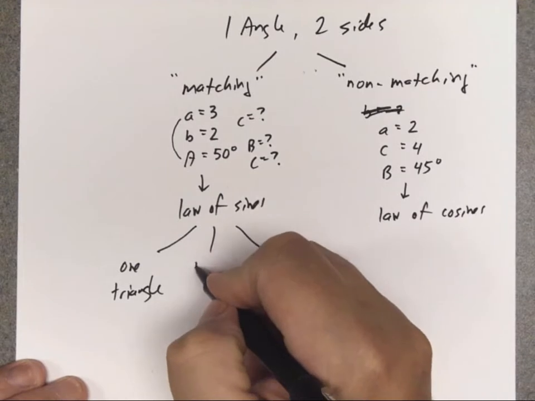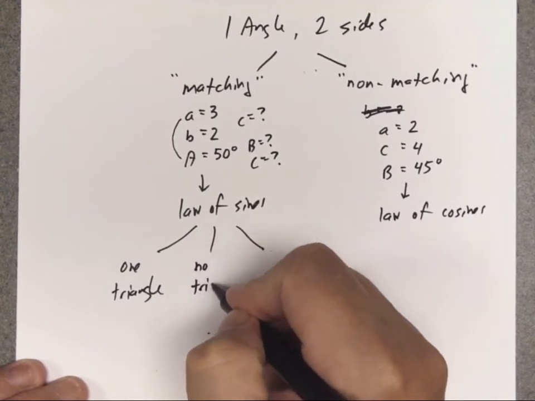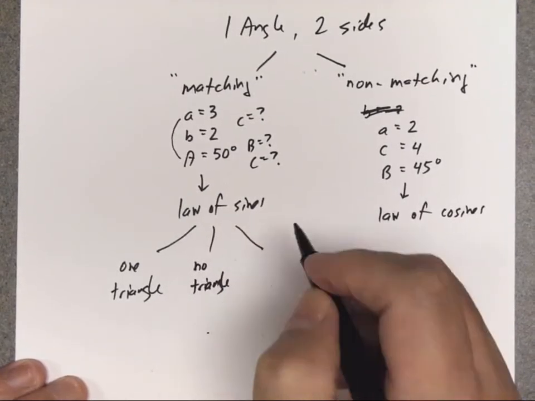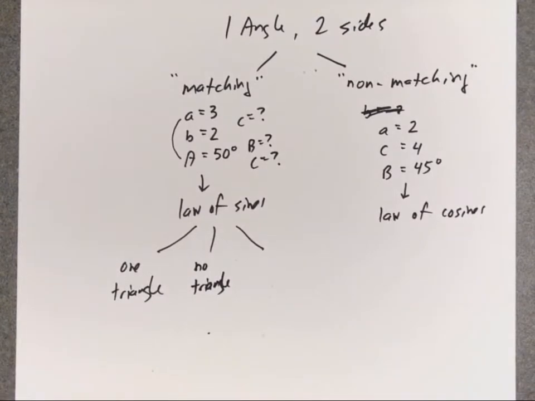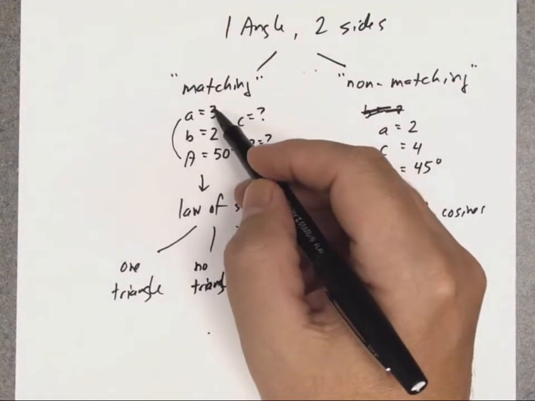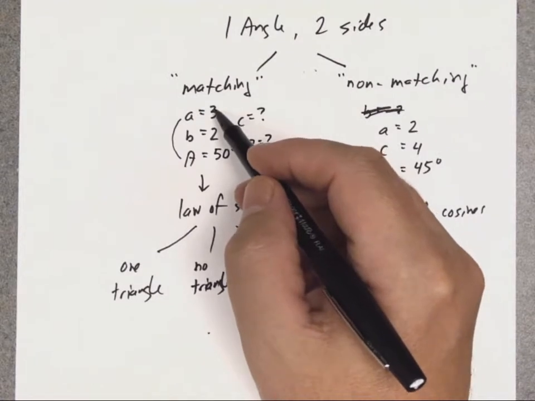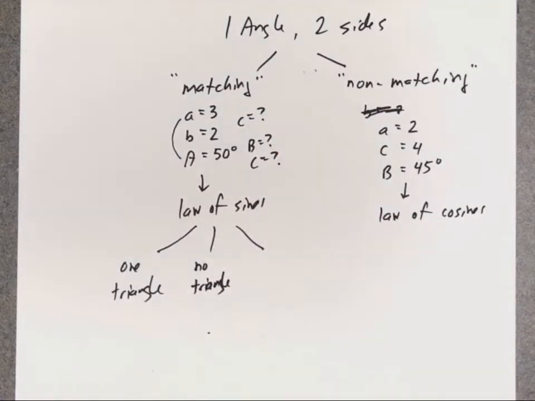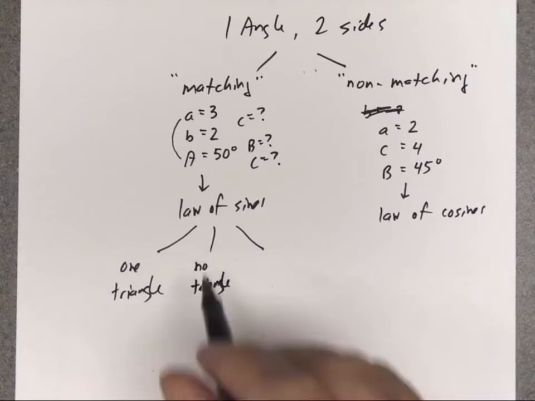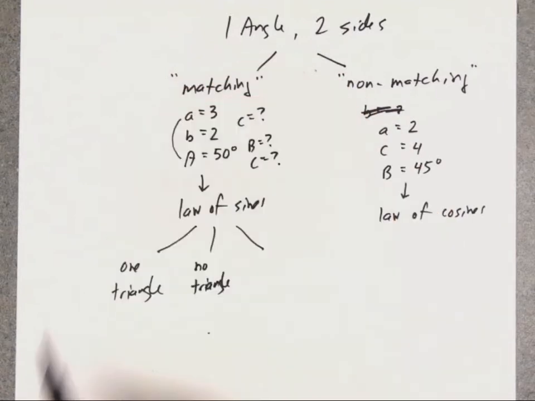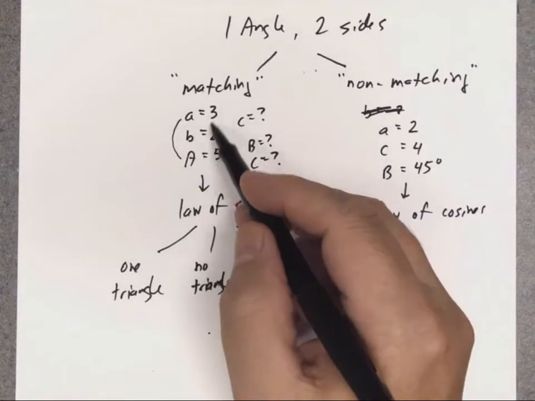And as it turns out, there's actually no triangle. They tell you there's two sides at an angle, and they want you to figure out the rest of the triangle. It's like, sorry, it's impossible to have a triangle with this information. Maybe they're trying to trick you, maybe they did it on purpose. But there's actually no triangle that's possible.